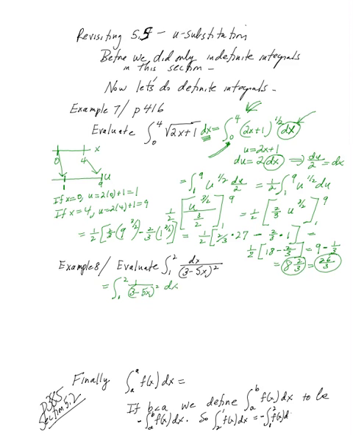What would your first step be? Could I write that as (3 minus 5x) to the negative 2? Then it becomes a u-sub, right?